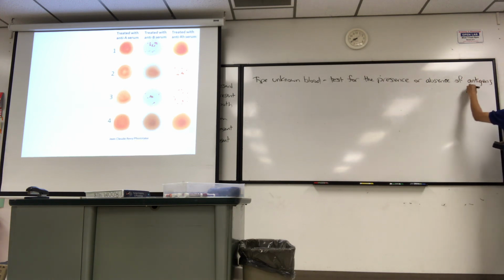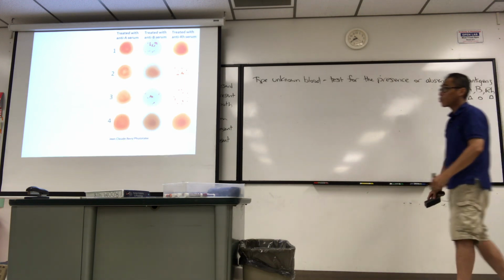And which antigens? A, B, RH. The triangles, the circles, the squares that I've been using as symbols. That's what you do. Is it there or is it not? Then you can identify the blood type. So let's do number 1 together.